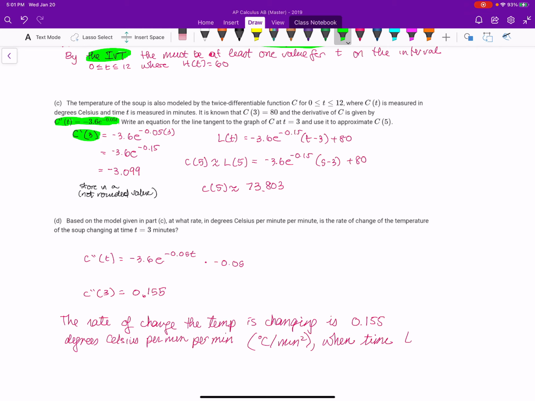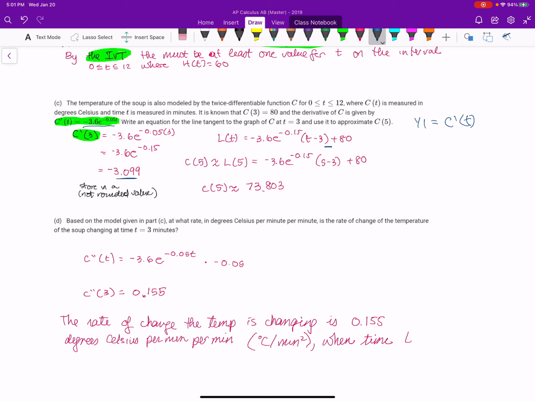Now use your calculator. Put this in y1 in your calculator, so y1 is equal to c prime of t. Don't write c prime of t, actually type in the function, and then you can just substitute that in. You're going to use the stored value, not the rounded value, in your calculator. Store this value for a so that you can use it later.